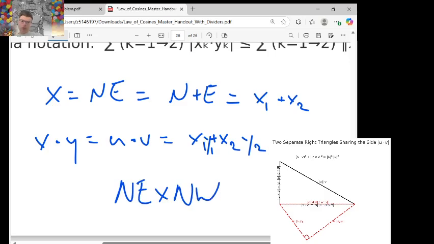Well, how do we do that, right? Well, we can break it down into its independent components. So northeast we just say is x1 plus x2 times, and it's actually a dot product, by y1 plus y2. So it becomes x1 y1 plus x2 y2. Okay, so the distance that went north we amplify it, and the distance that went east we amplify it. That's what we're doing, we're amplifying them, right?